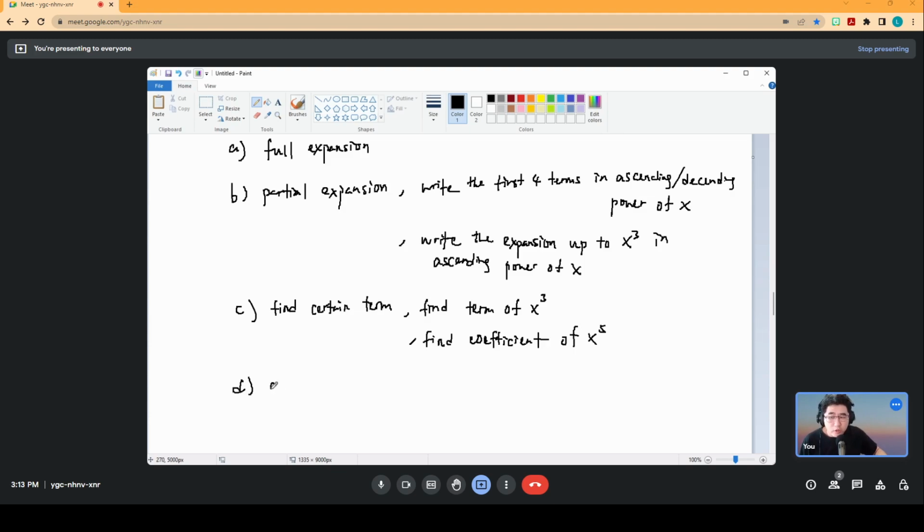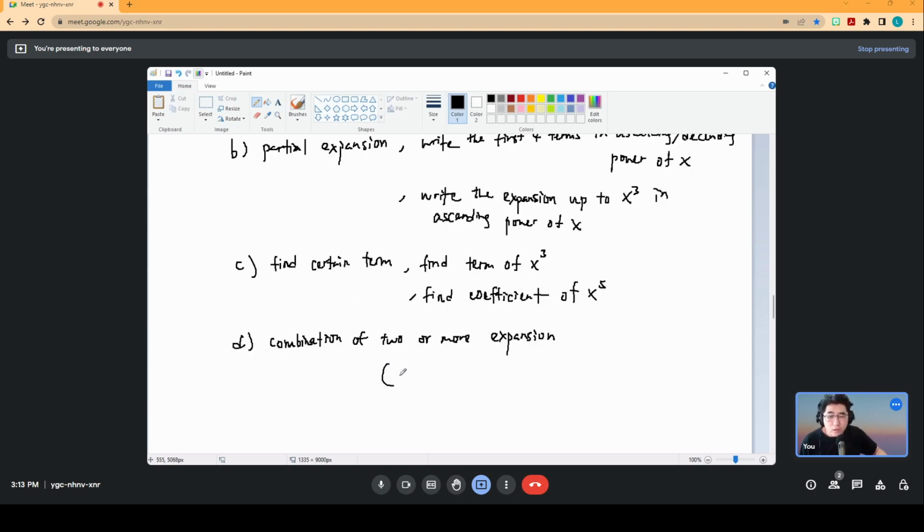D, the combination of 2 or more expansions. Maybe the question has (1 + x) followed by (2 + x) power 5. So after you do the (2 + x) power 5, you need to do further expansion with (1 + x). So this will be a combination.